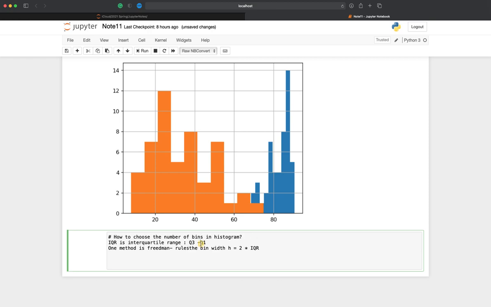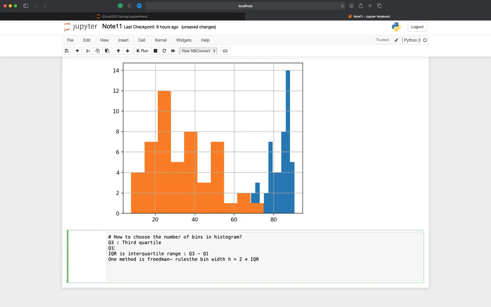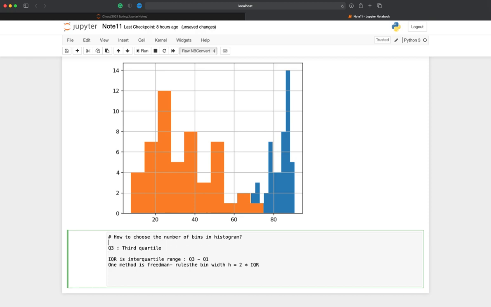So now I hope you know what Q3 and Q1 are. Q1 is the first quartile, and Q3 is the third quartile. What the first quartile says is that 25% of observations fall on the left side of Q1.